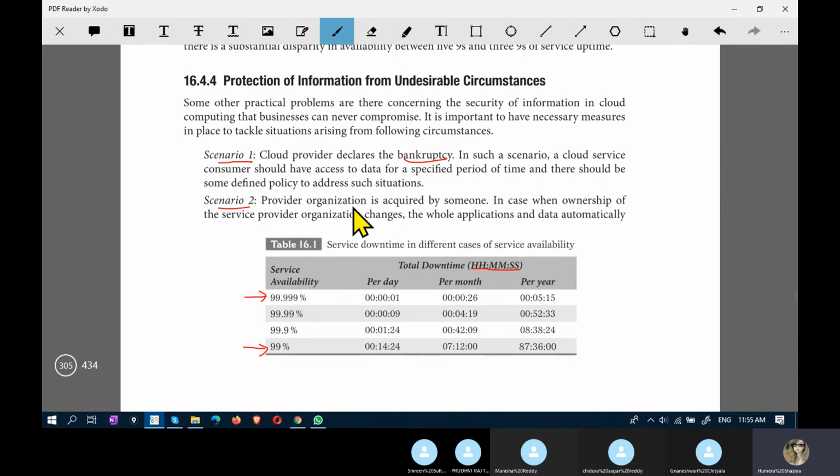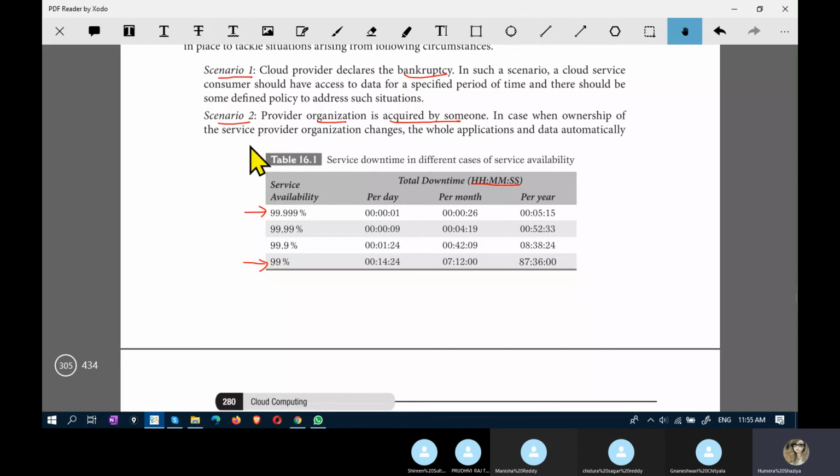Scenario 2, if the provider is changed, meaning taken over by some other provider. These things happen in our real world also. Like there was one mobile service provider, Aircel, and they declared that they are closing it.